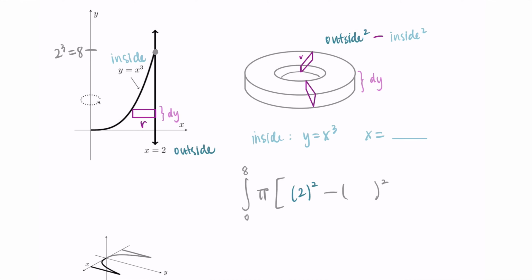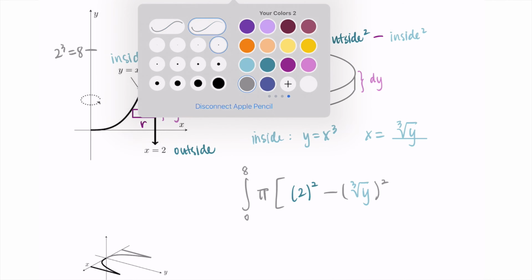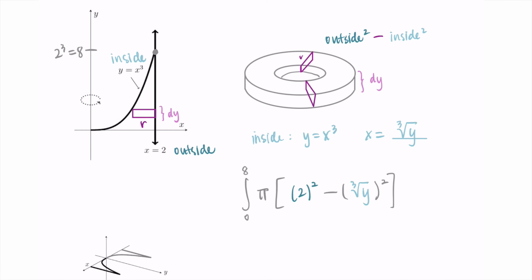So what we can do is take the cube root of both sides to get x equals the cube root of y, and that's what's going to go in this spot here. And then we have dy.